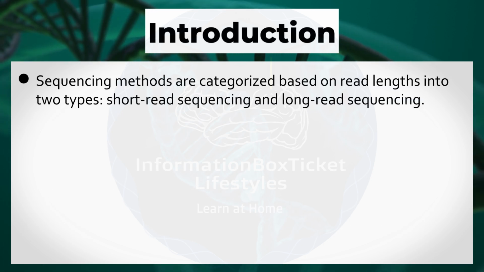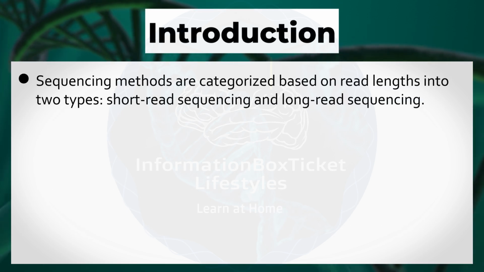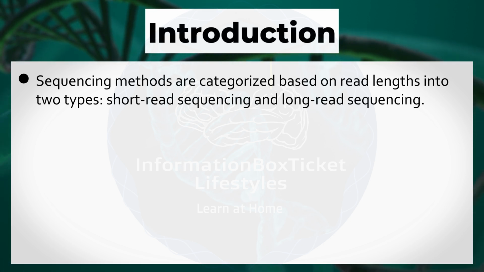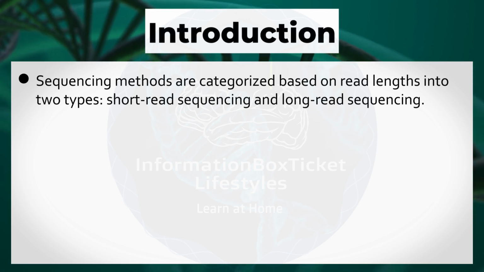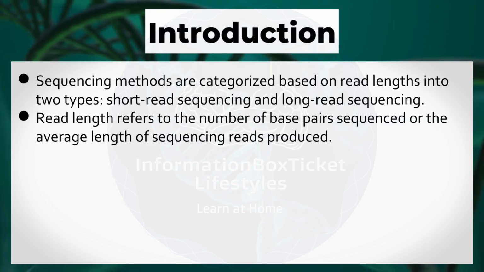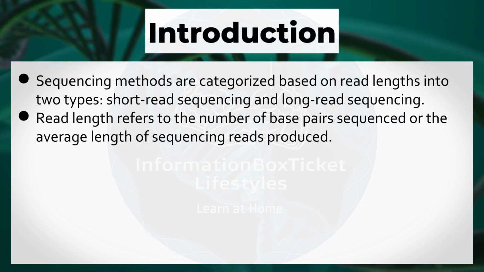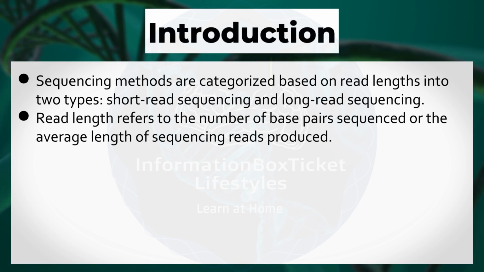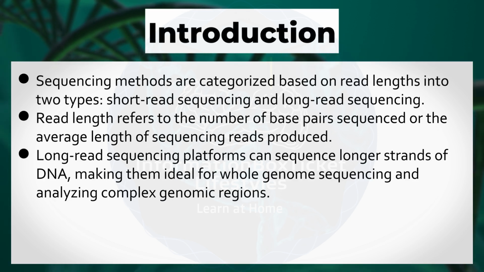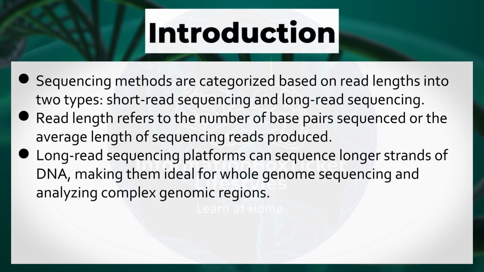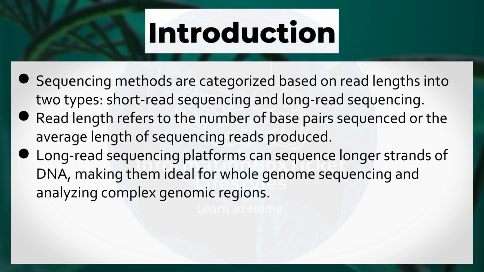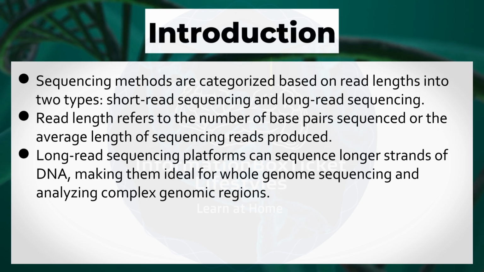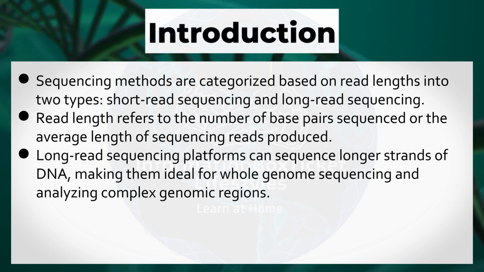Sequencing methods are categorized based on read lengths into two types: short-read sequencing and long-read sequencing. Read length refers to the number of base pairs sequenced or the average length of sequencing reads produced. Long-read sequencing platforms can sequence longer strands of DNA, making them ideal for whole genome sequencing and analyzing complex genomic regions.